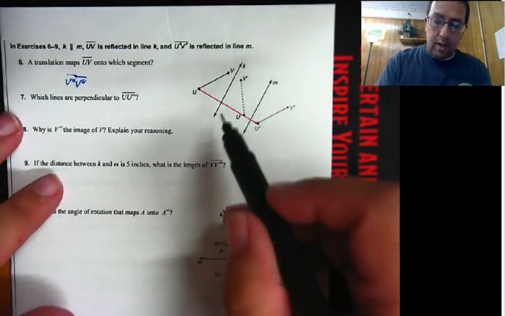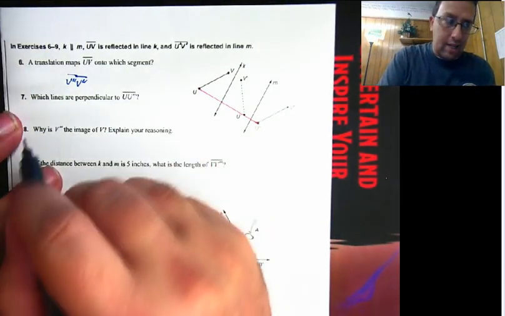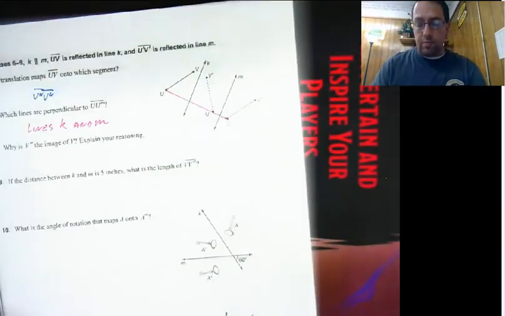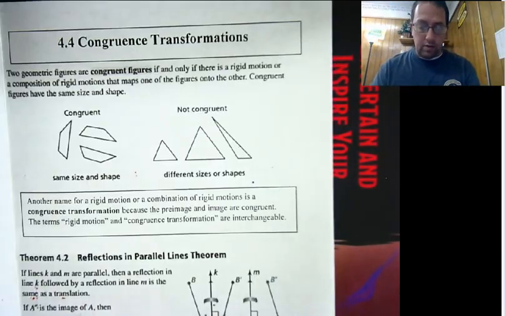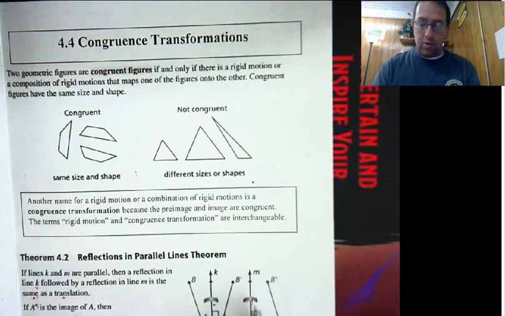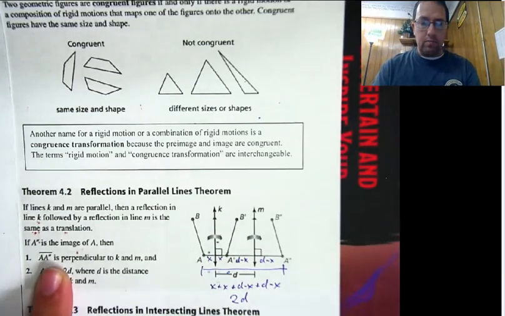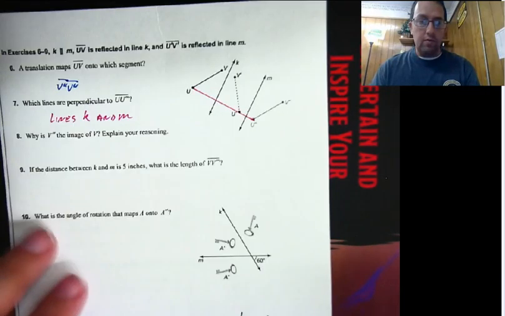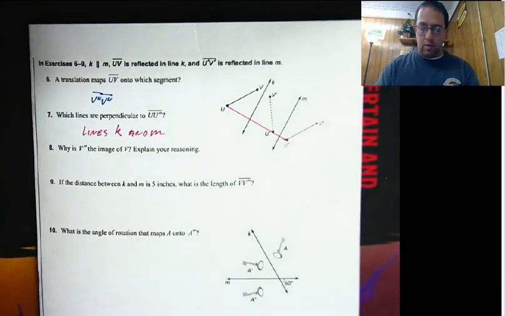Well, that is going to be line K and line M. Because if you remember, that was part of our definition stuff over here, right? Segment A prime prime is perpendicular to both lines of reflection. And reflections always move perpendicular to the lines of reflection.